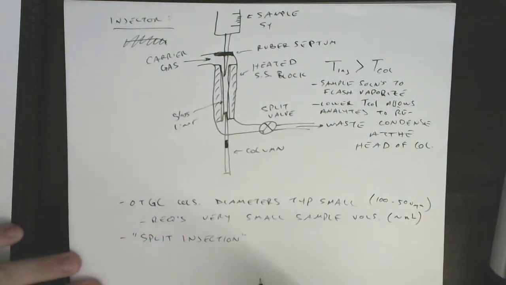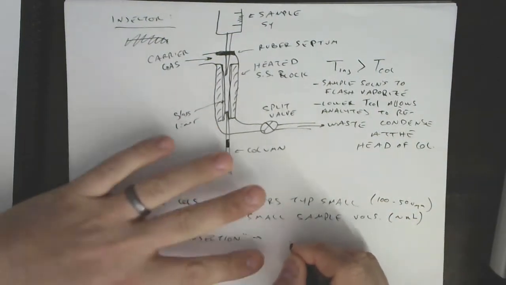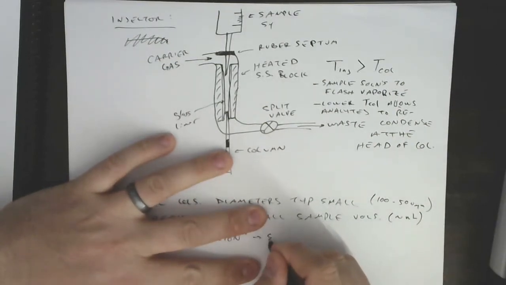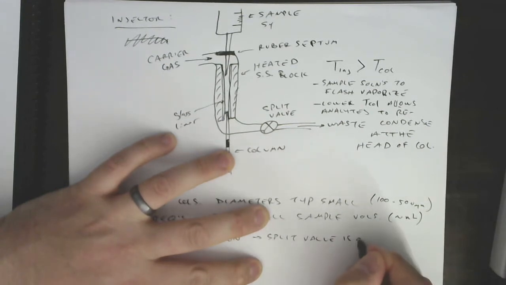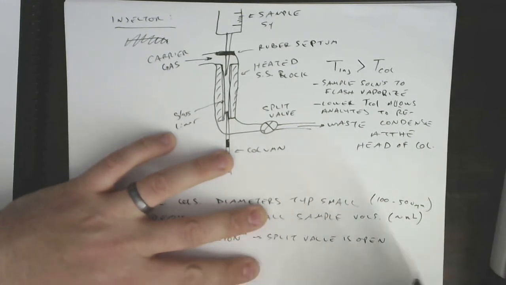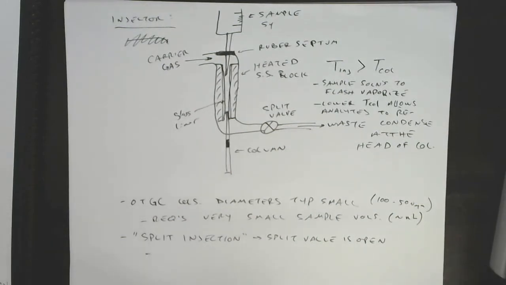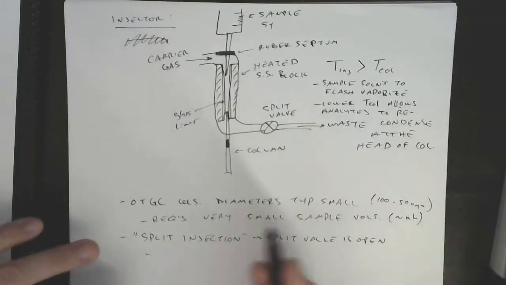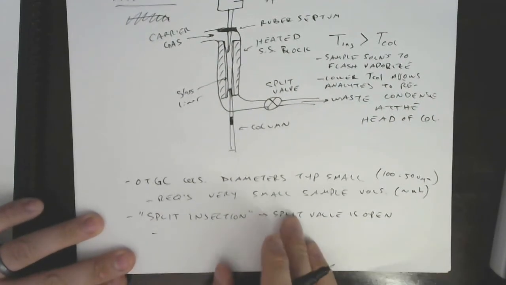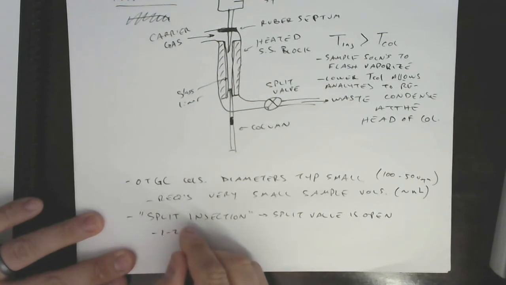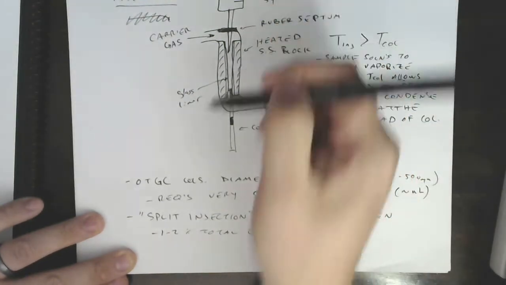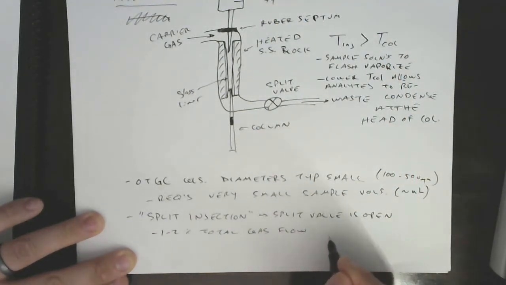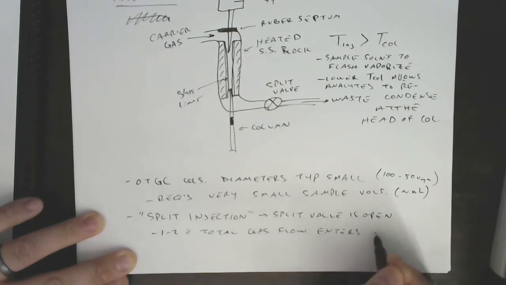But in a split injection, let's just say the key points here is that the split valve is open and most of the flow is going out to waste. That means that you're really only getting on the order of a few percent, maybe 1 to 2% of total gas flow, including the sample that you've just flash vaporized, enters the column.